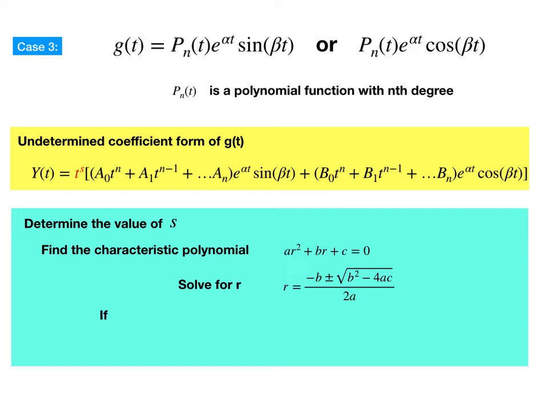In this case, if the roots are complex and the roots are the same as alpha plus or minus beta i, where alpha is the coefficient of the exponential function and beta is the coefficient of t in the sine or cosine functions, if these two conditions are true, then s equals 1. In any other cases, s should be equal to 0.